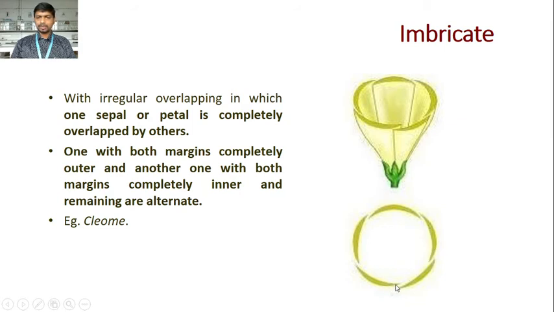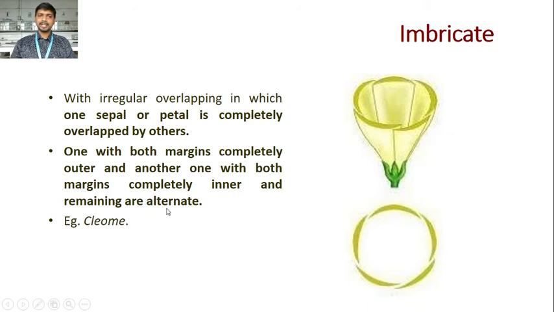Here also one towards inner, other towards outer, one towards inner, other towards outer. So this is the imbricate. In a simple way we can say that one petal has both margins completely outer, another has both margins completely inner, and the remaining are alternate.